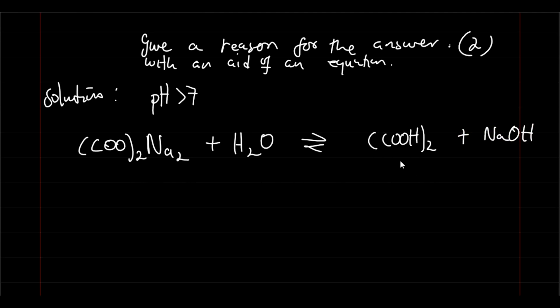Remember that this is a diprotic acid. For every 1 mole of diprotic acid, 2 moles of sodium hydroxide are required. So if 2 moles of hydroxide are required, therefore 2 molecules of water will form when the reaction takes place. So the forward reaction is hydrolysis, and the reverse is neutralization.